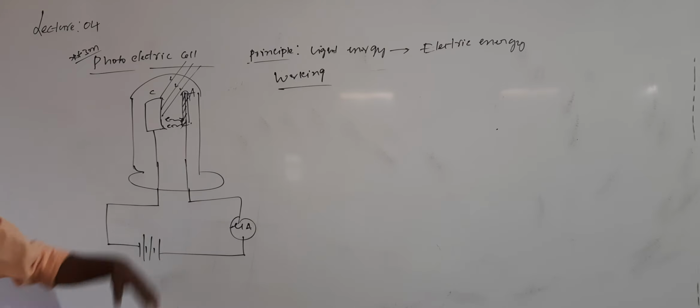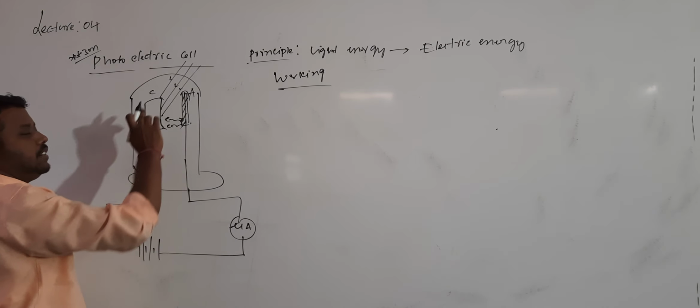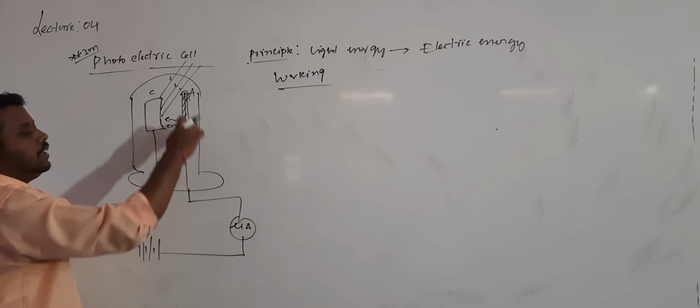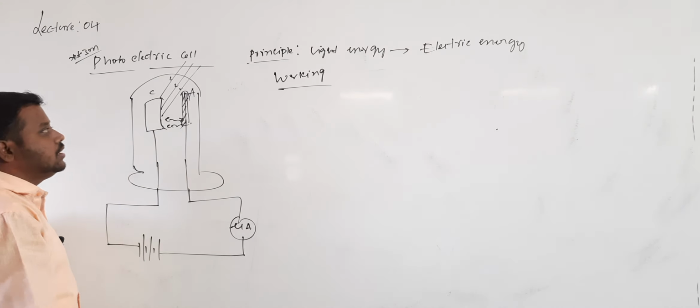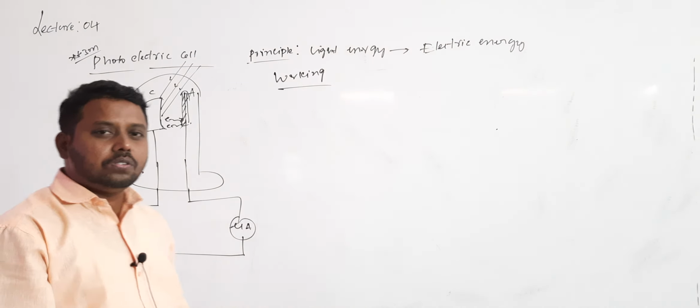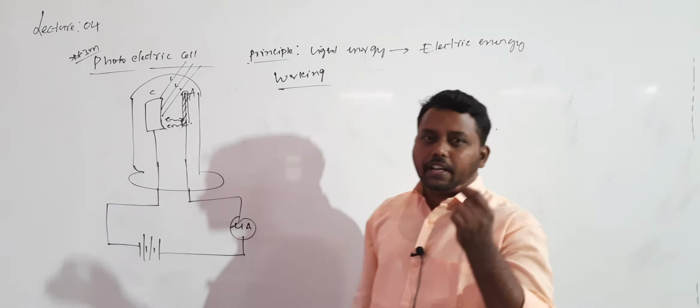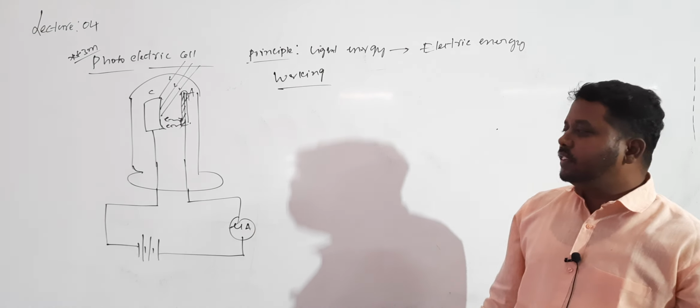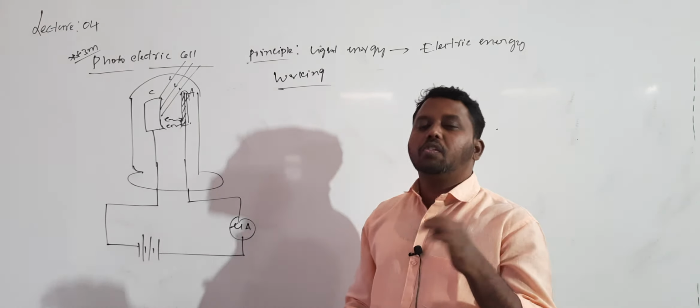Regarding the working, when radiation of suitable frequency is incident, current is generated because of the flow of electrons from the cathode to the anode. But the current produced in this photoelectric cell is very small, so to measure it we use a microammeter.